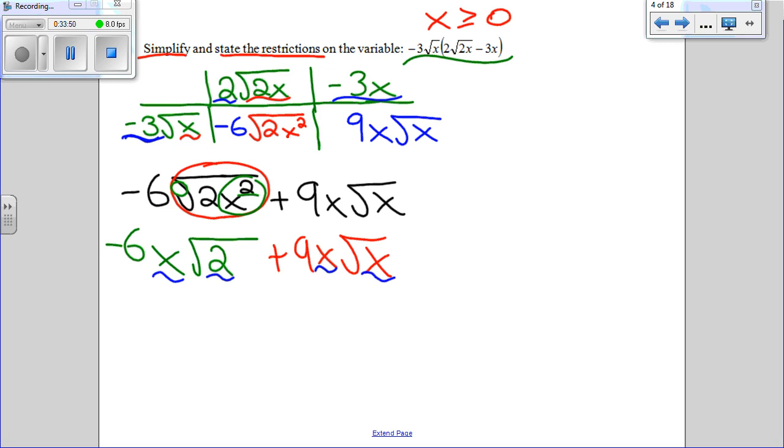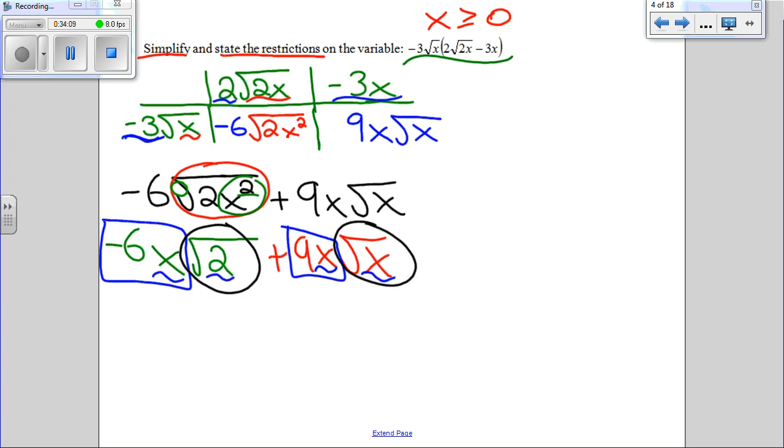So can these be added together? They cannot, because the radicands are different. They're not like terms. The coefficients are like terms, and that's good, but you need the entire thing to be like terms, and those are not. So you cannot add those two terms together, because the radicands are different.